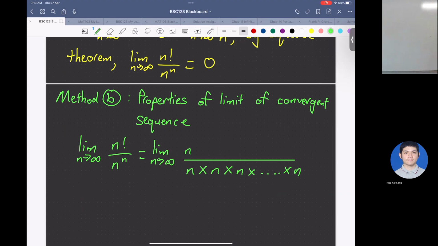In your mind, you should fix this n. Fix this n as 3 just now, so we get 3 terms, 3, 2, 1, over 3, 3, 3. Then you can fix n as 4: 4, 3, 2, 1, divided by 4, 4, 4, 4. Then you generalize this.